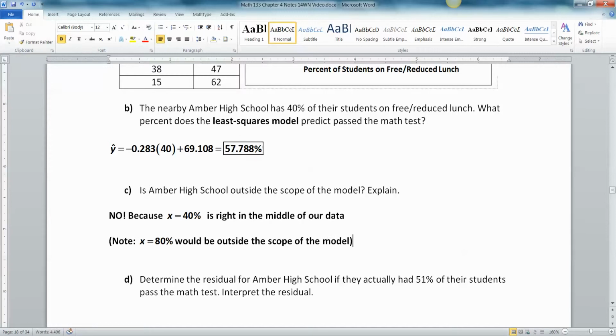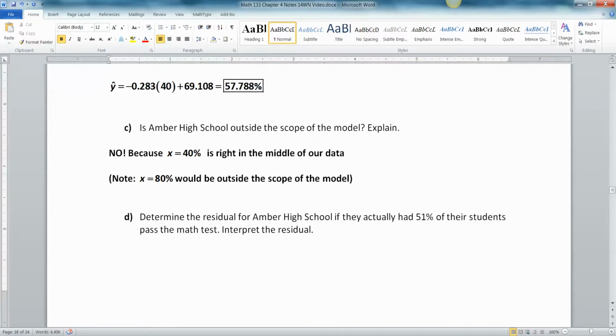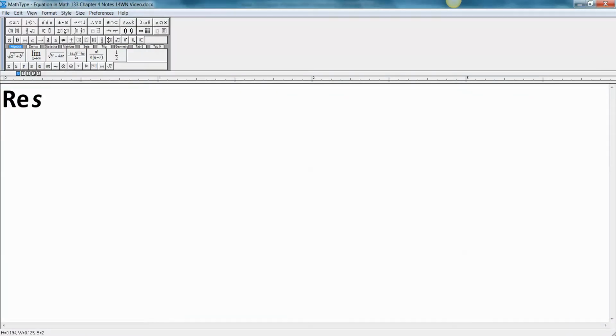All right. Now, let's see. Determine the residual. Oh, okay, so we'll have to get out the formula for residual. Residual is the error. That's equal to observed minus predicted.